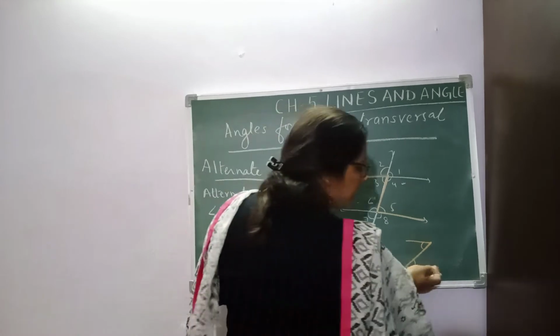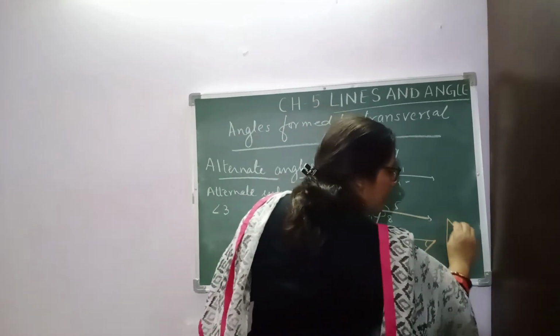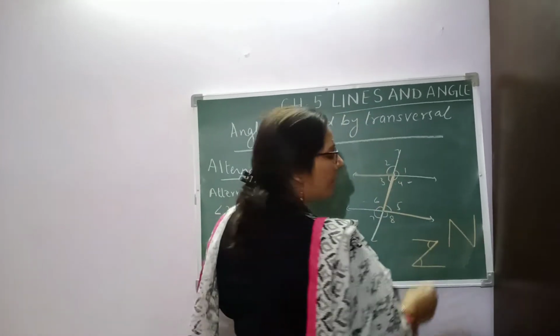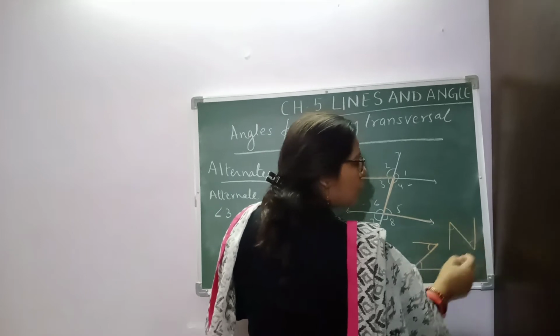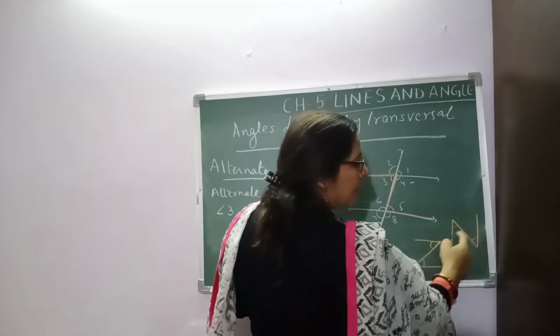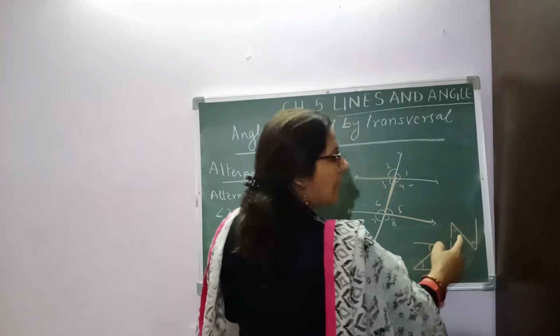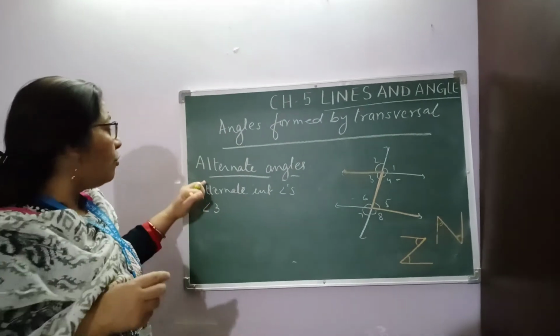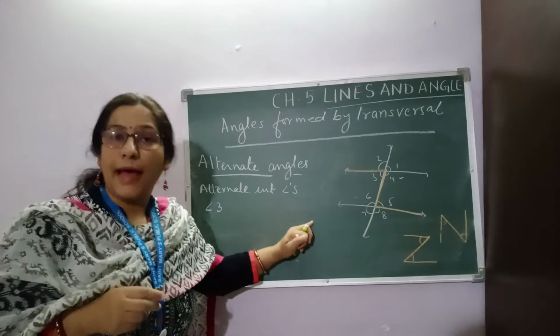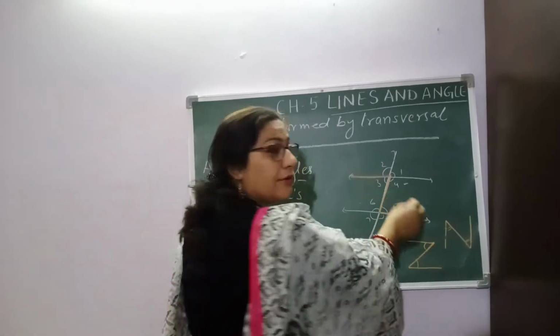Or you can just change the direction of that figure. If you see the figure of Z anywhere, again these two lines are parallel, that is the transversal, and these two angles are equal due to alternate interior angles. Hope this point is clear for you.